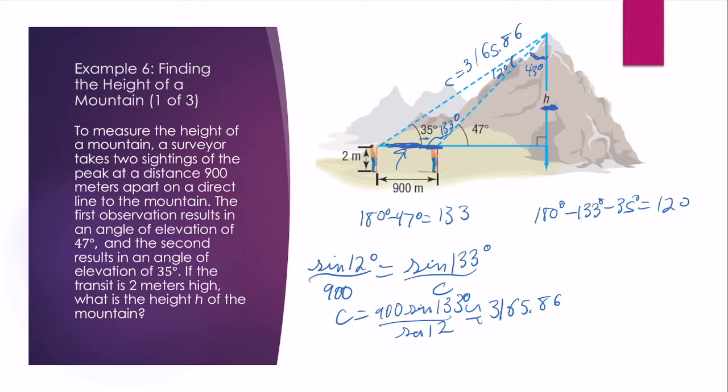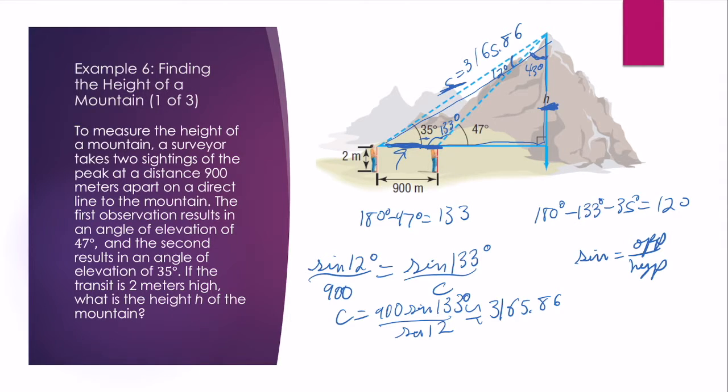Now, why did I want to find this? Well, if we think back to the beginning of our trig studies in chapter 5, I know that sine is opposite over hypotenuse. Let's look at this really big triangle. I know my opposite is this, and I know my hypotenuse is this.